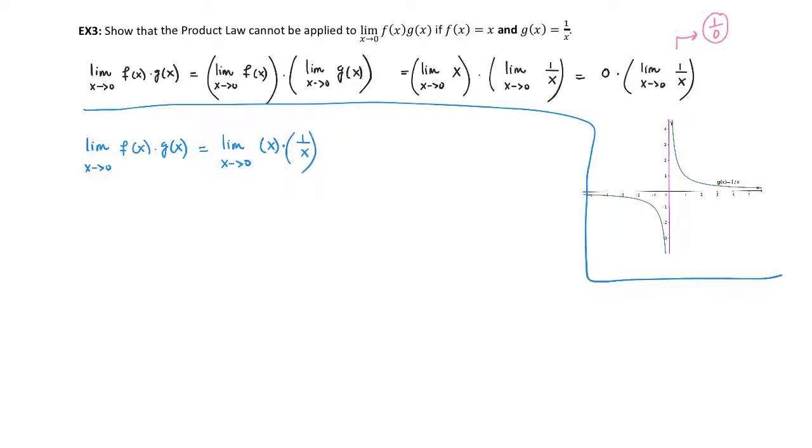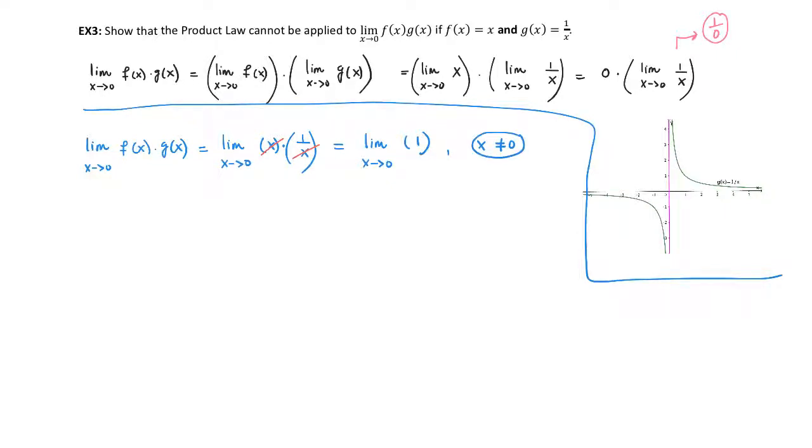Now you notice that the x's will cancel each other out, and we will end up with the limit as x approaches 0 of 1. So practically, f of x times g of x is just equivalent to 1 as long as x doesn't equal 0. So this is true provided x is not equal to 0.